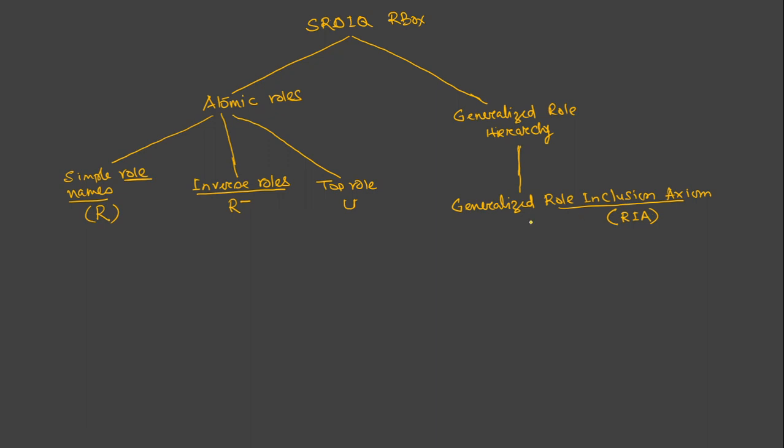The special form of this generalized role inclusion axiom is basically role composition via property chain. This particular form of role inclusion forms the basis of the R box of this SROIQ language family.